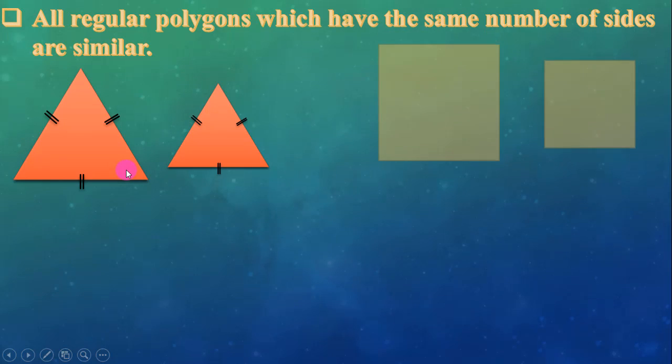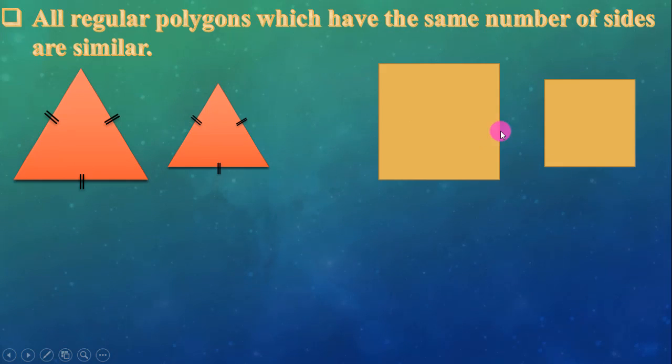Another case, if we have two regular quadrilaterals, the regular quadrilateral is called a square. Any two squares are similar to each other. Any two regular pentagons, the pentagon which has 5 sides, are similar to each other. So any two regular polygons with the same number of sides are similar to each other.